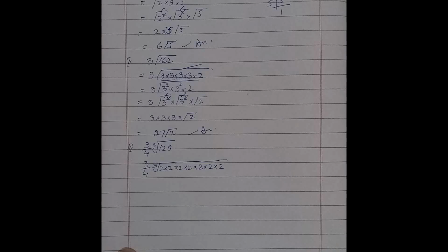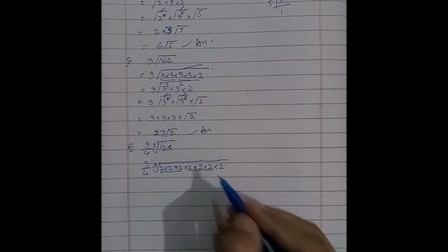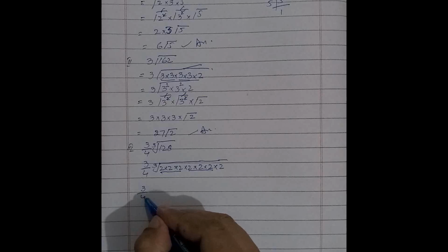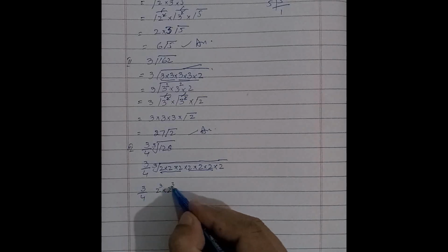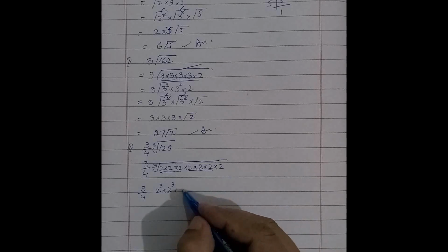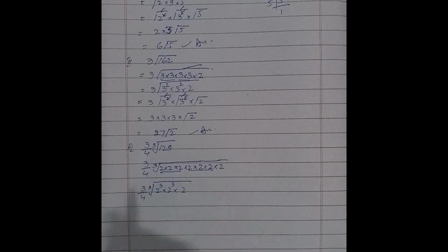Because it is a cube root, we take cubes of the values. We take 3 over 4, 2 to the power 3, 2 to the power 3, multiplied by the remaining 2, under the cube root.